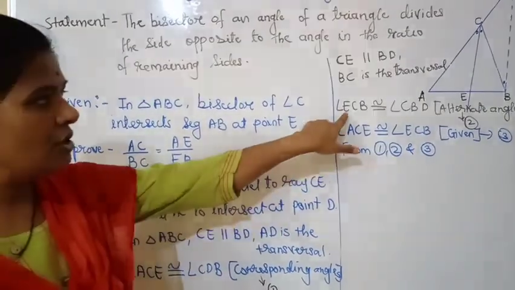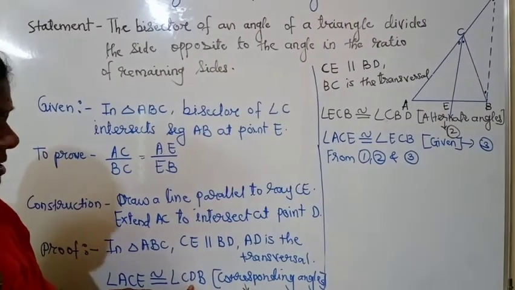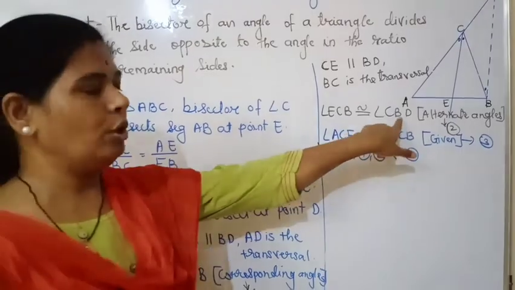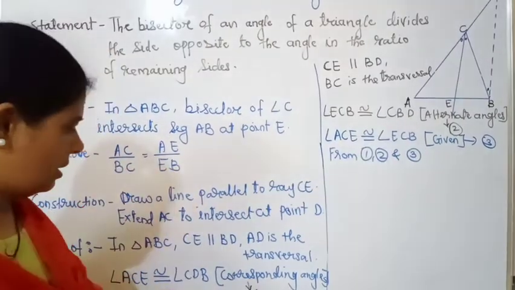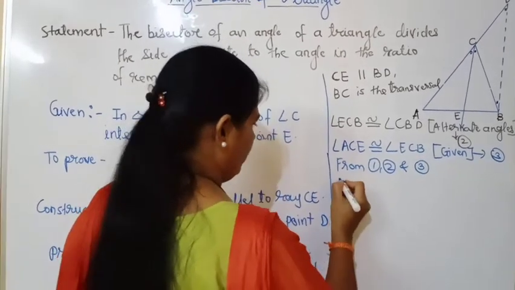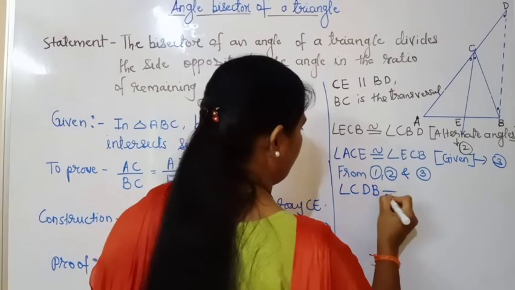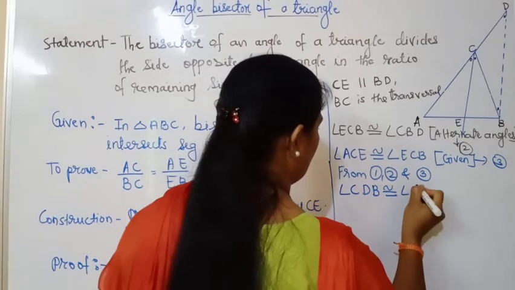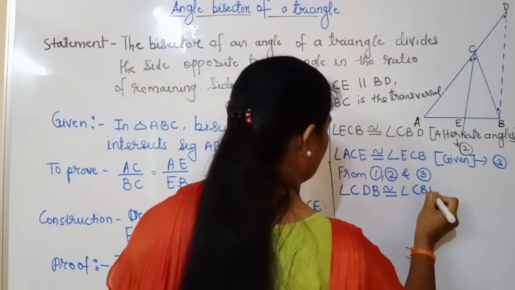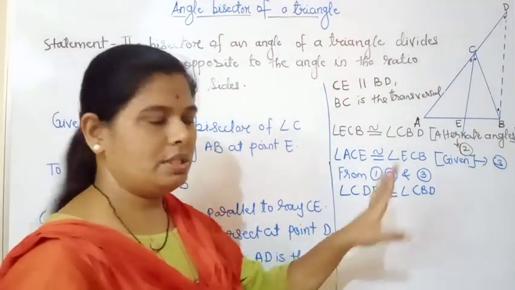As these two angles are congruent, our angle CDB will be congruent to angle CBD. So we will write here, from 1, 2 and 3 we get angle CDB is congruent to angle CBD.